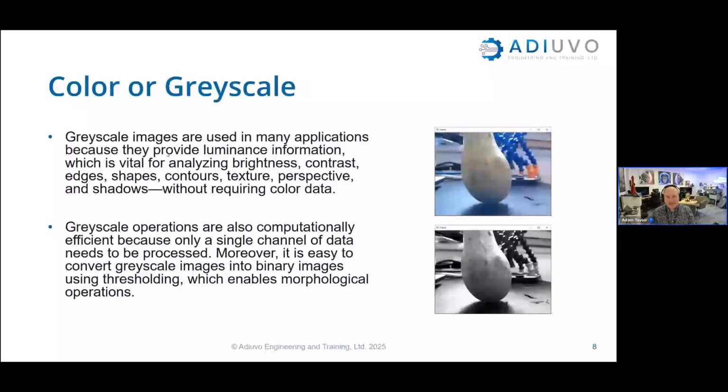Once we've selected our image sensor, and this is one of the things you learn once you start doing a lot of image processing, we need to think about whether we want our image sensor to work in the color scale or in the grayscale. What's interesting is that a lot of these applications use a grayscale image.